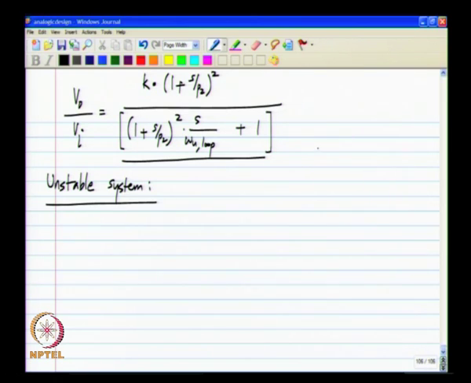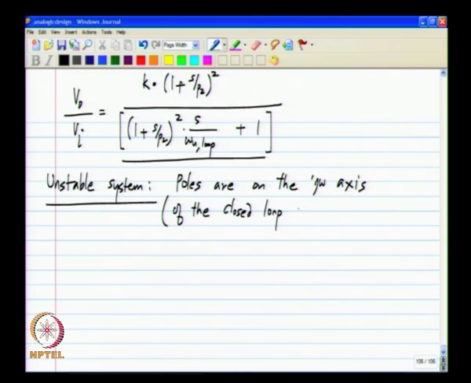An unstable system means the poles are on the j omega axis. Here when I say poles, I am talking about poles of the closed loop system are on the j omega axis or in the right half plane.